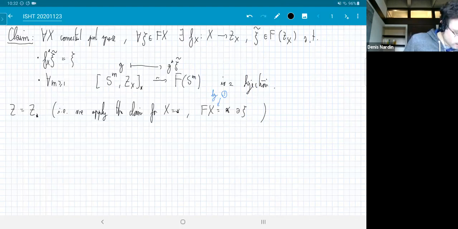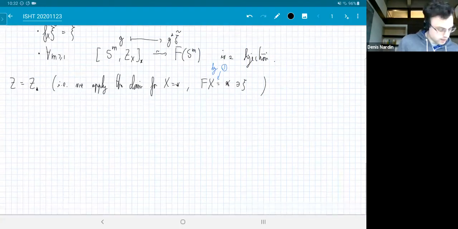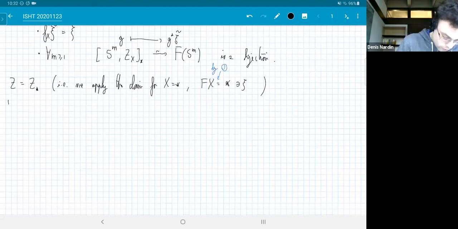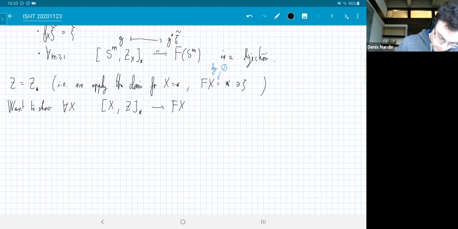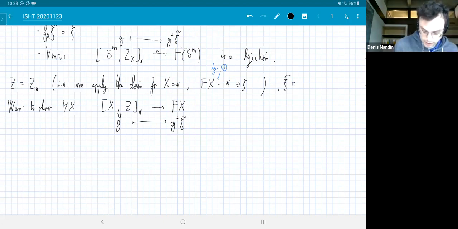And we want to claim that our f is bijective. So we want to show for every x that this map, g goes to g star of psi tilde. Remember, we have a psi tilde in f of z.